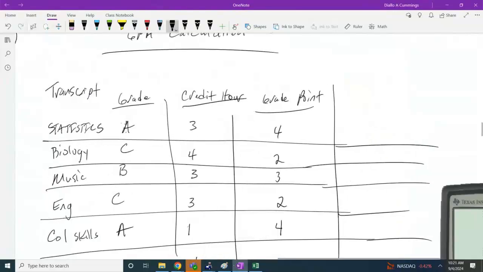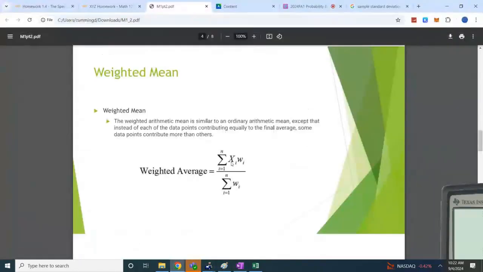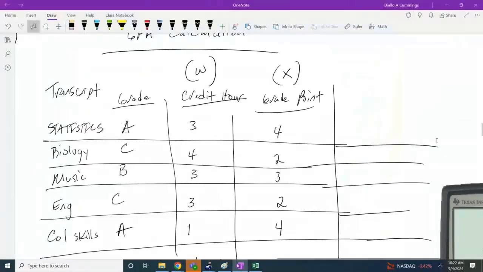This is going to be X, and this is going to be W. So my grade point is X, and my weight or my credit hour is W. This formula says that we multiply X times W, and then we add up all of the X times W values. So I'm going to multiply X times W, and I'm going to call this the quality points.